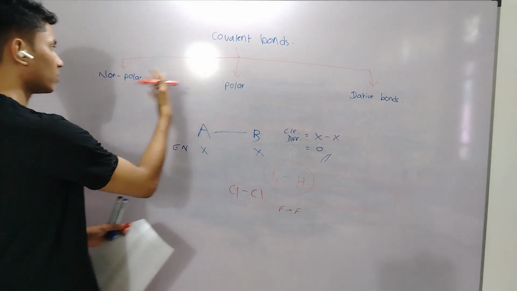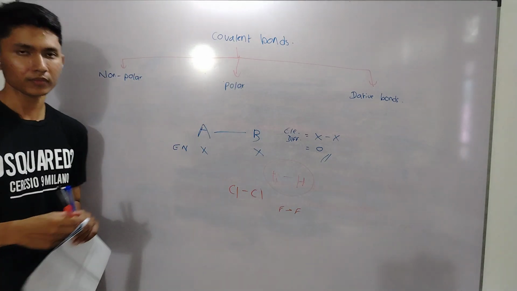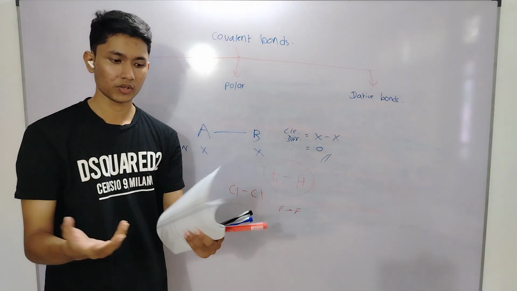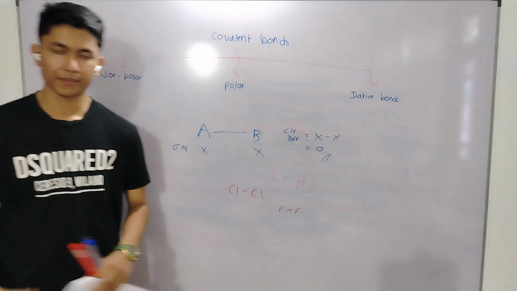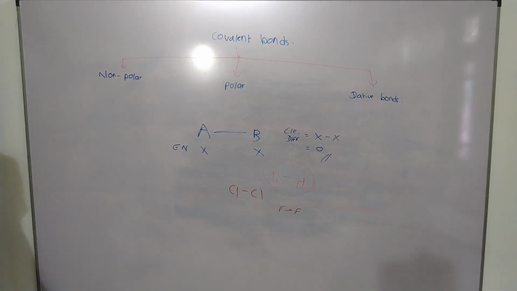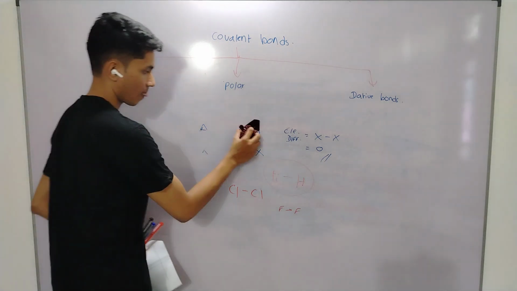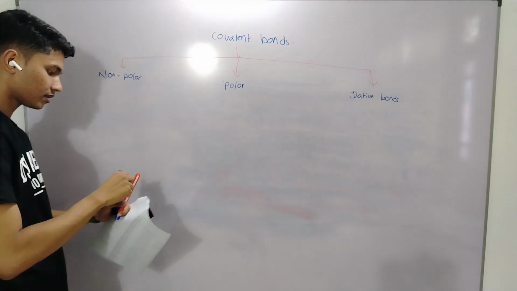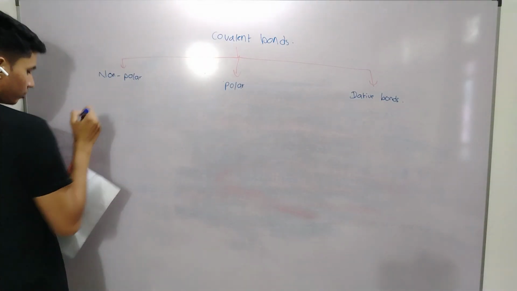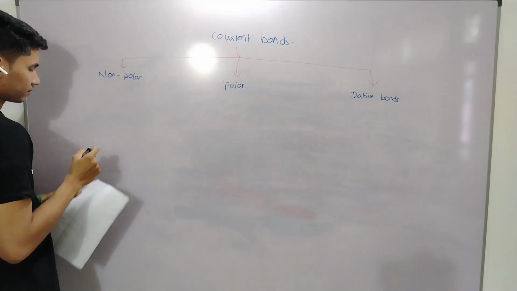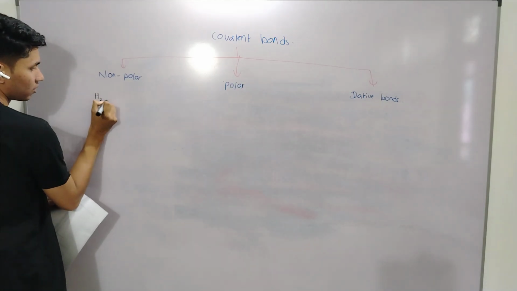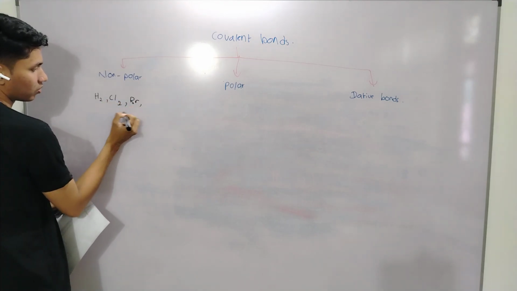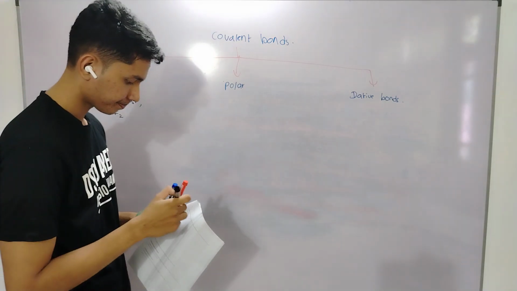These are the examples that come under non-polar covalent bonds: hydrogen H2, fluorine F2, and so on.